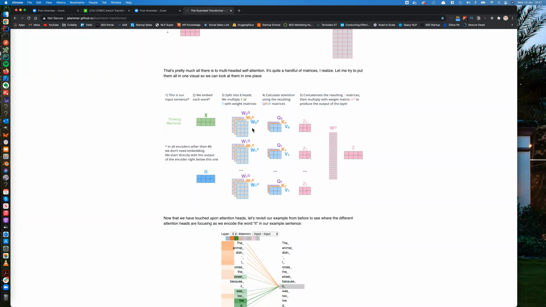But also, it's not necessary for the dimension of this concatenated vector to be the same as the input, because we also have an output projection, which can be used to change the dimension.